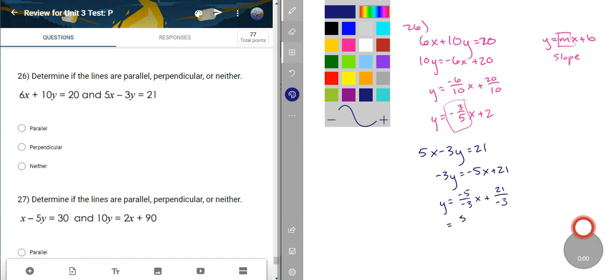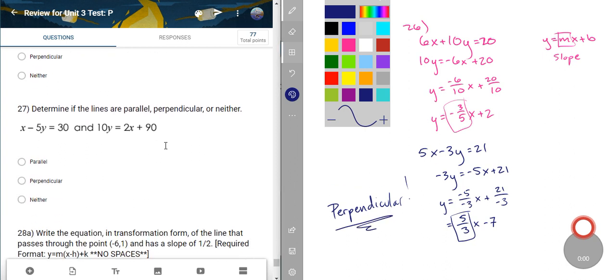We get a positive 5/3 x minus 7. And there's my second slope. I want to compare those two. One's negative, one's positive, so there's my opposite. One is 3/5, one is 5/3. There's my reciprocal. So these are perpendicular. Cool.